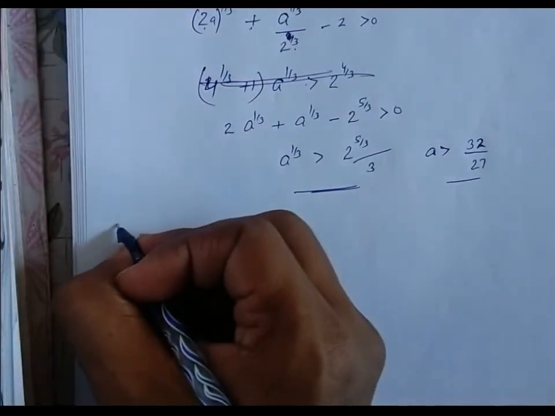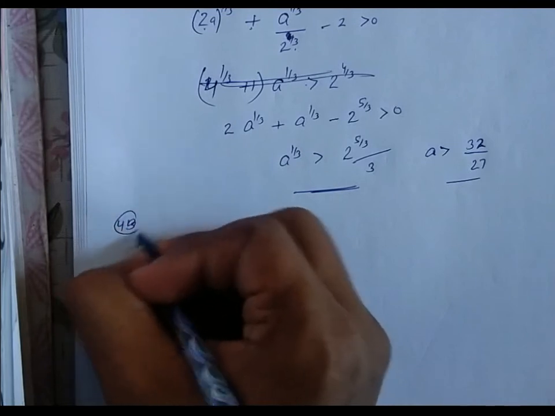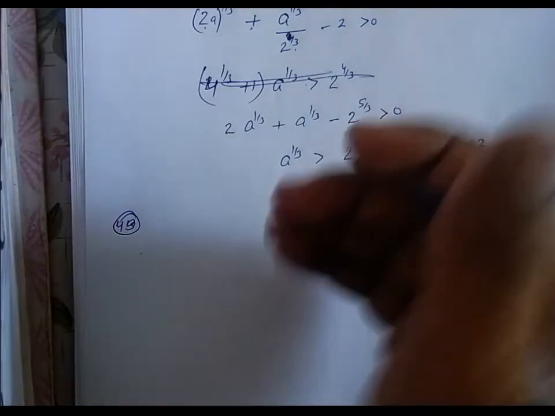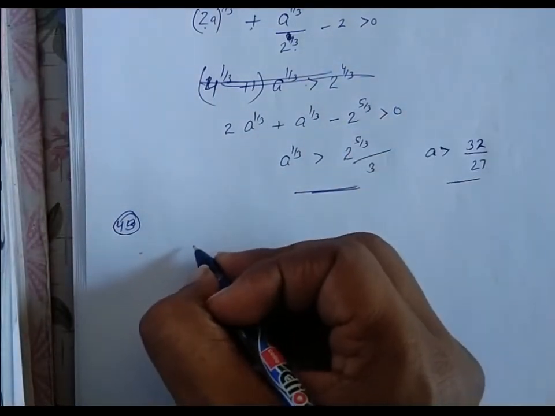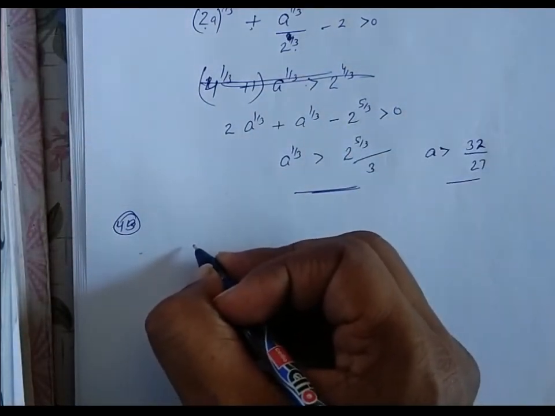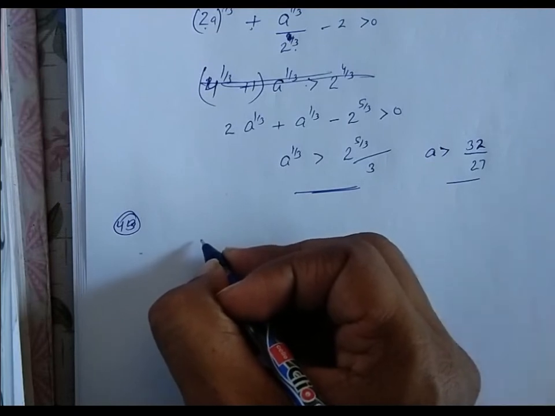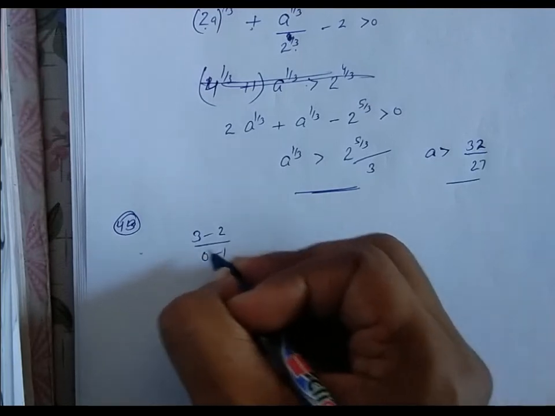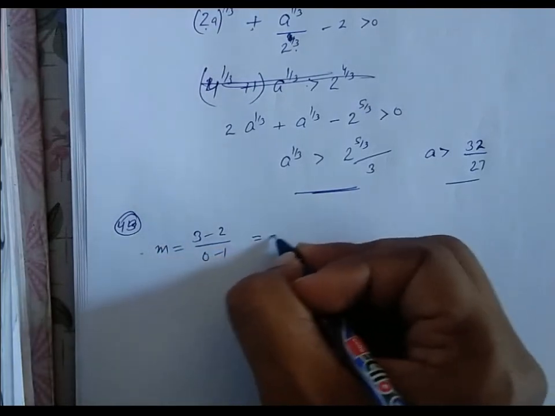Okay, so let's first calculate the slope. So slope should be equal to 3 minus 2 upon 0 minus 1, which is equal to minus 1.